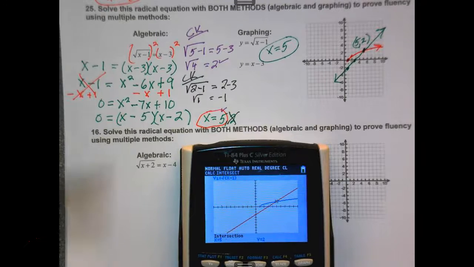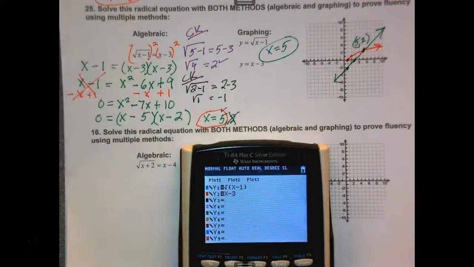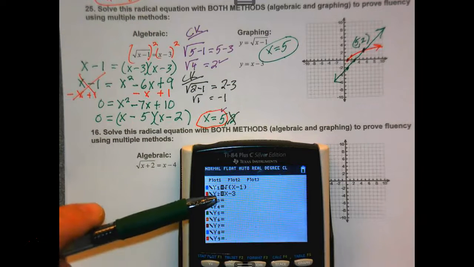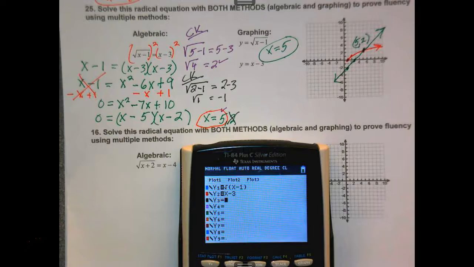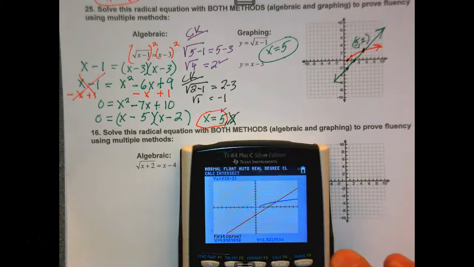Yeah, x minus 3, yep. Graph it, and then second trace, intersect. Make sure you're, here, I'll do it. Second trace, you want the intersection, hit enter. Make sure you're on a curve here.